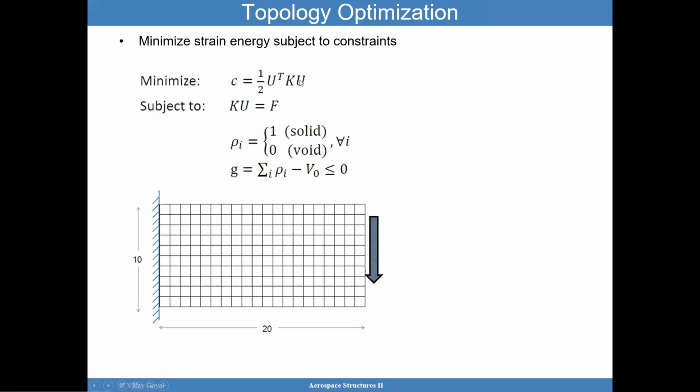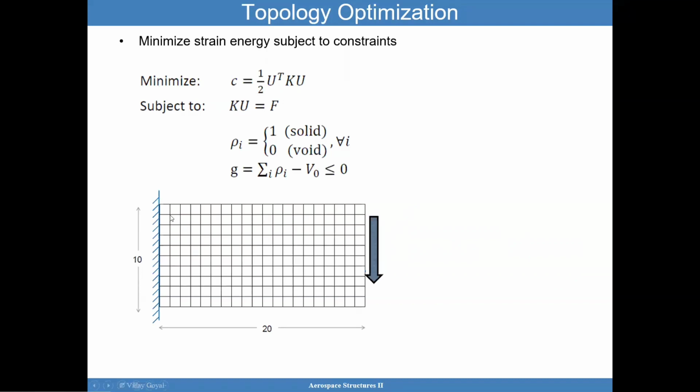So this U deflection vector contains all the nodal deflections. And so you want to subject that to the balance of equilibrium of the system. And so the idea is to determine whether I should have 0 mass or should I have a volume there. And you also want to constrain it so that you don't go to 0 volume either. So this is what this one is doing here.